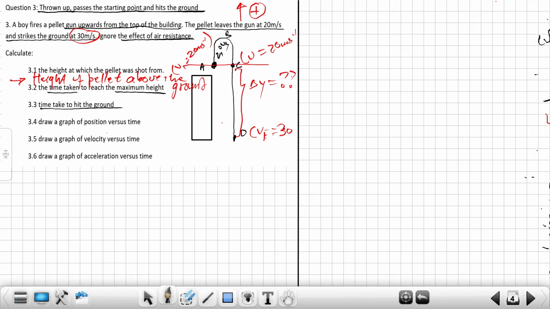So for us to draw position versus time, there are two things that we need to understand first. It will depend on which reference point is given to us. So I'm going to draw two graphs, but now the reference is what is changing. So kindly understand that at times the examiner will be specific to say, use the ground as reference, use the height of the building as a reference, or depending on which information is given.